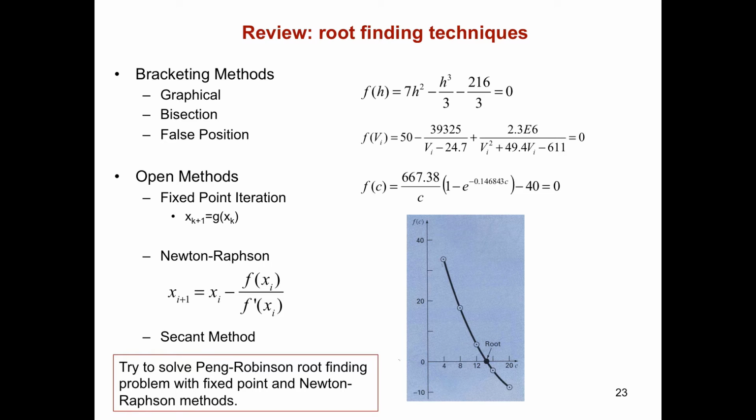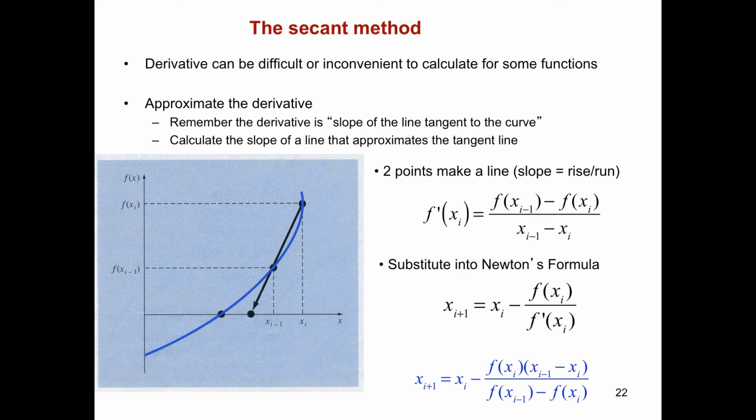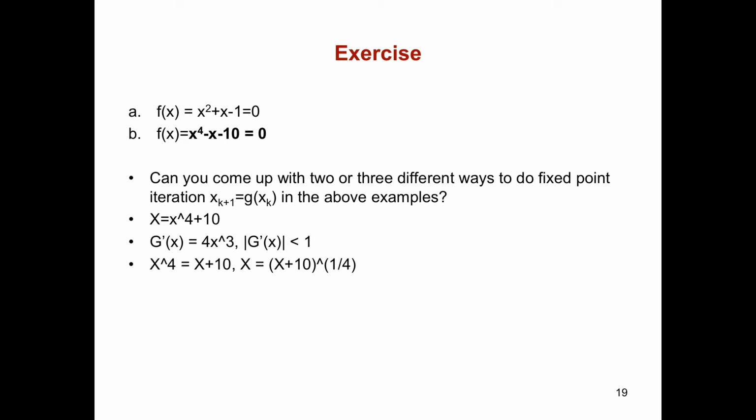This one is kind of challenging for fixed point. So if you want a good challenge... Which one's easiest? I think the easiest one to program is x to the 4 minus x minus 10. Can I do that one? It's kind of ugly to type in. That's fine, if you want to. The point is to give it a try, both methods. So your option is one of these or this one.